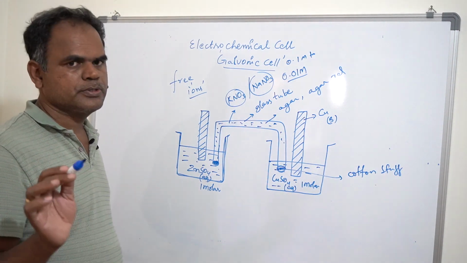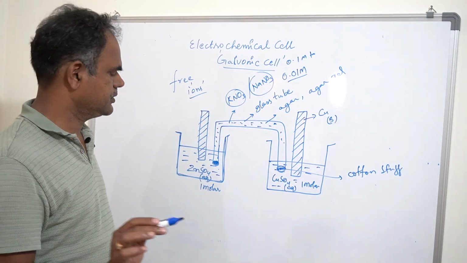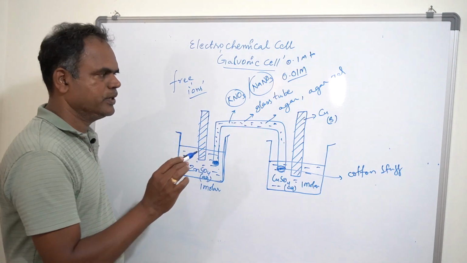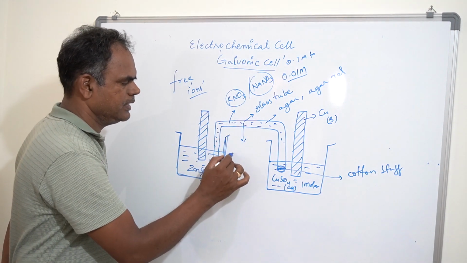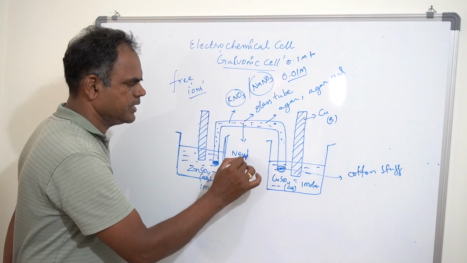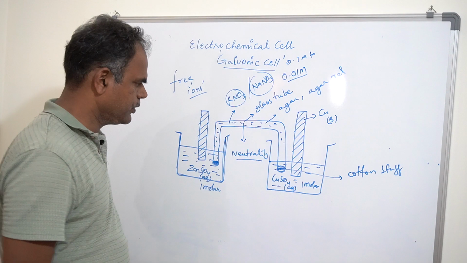The contents of the salt bridge do not react with the solutions. You must remember this. So what is the function of the salt bridge here? The salt bridge maintains electrical neutrality of the cell. Main important point.